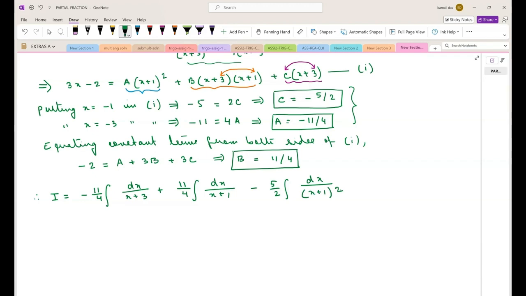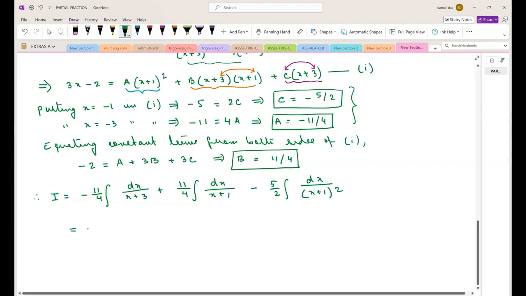Okay, so these three are very easily integrable, so I'm not going into the details of how to do this integration, simply writing the answer.